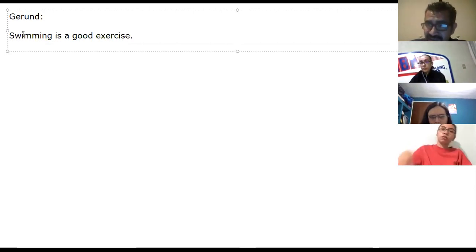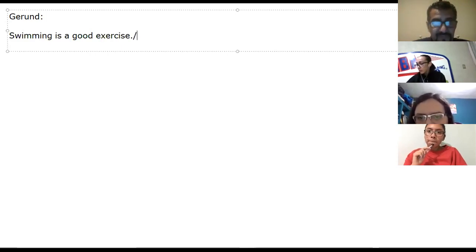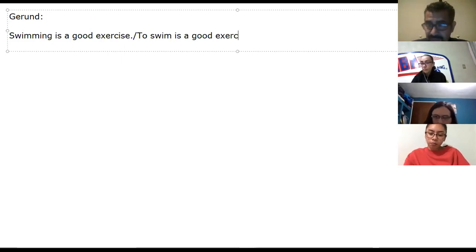This is gerund. As you can see, I am beginning the sentence with swimming, but I am not talking in progressive. This is not progressive. This is gerund. Why do we use gerund in this case? Because it's not possible to use to. To swim is a good exercise. That is not possible.